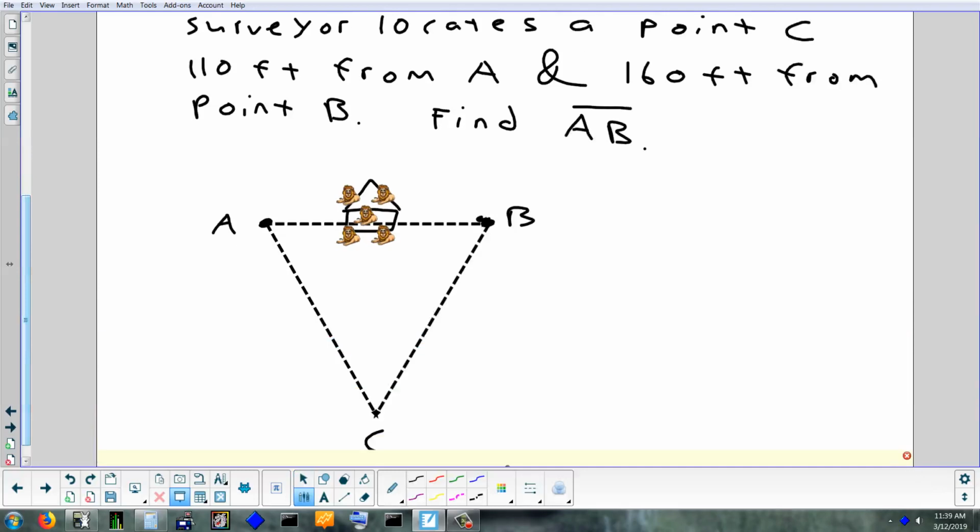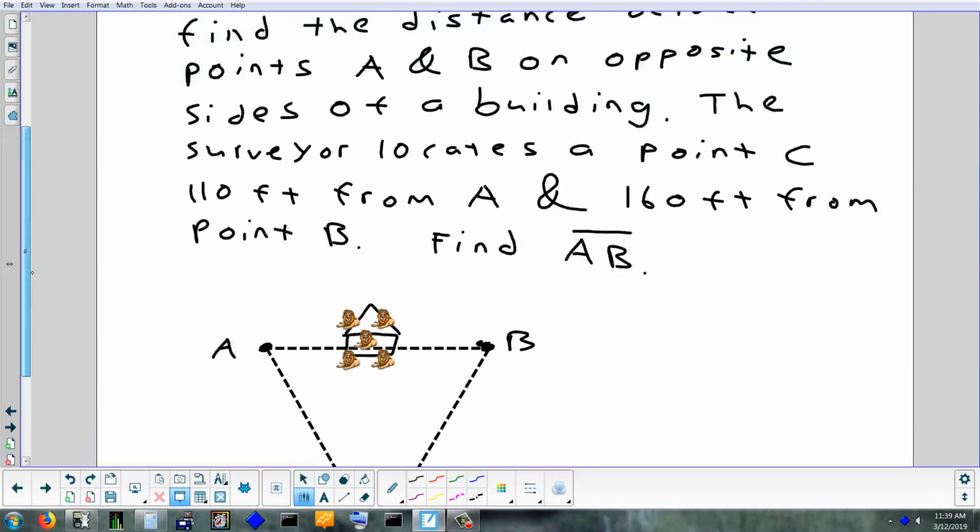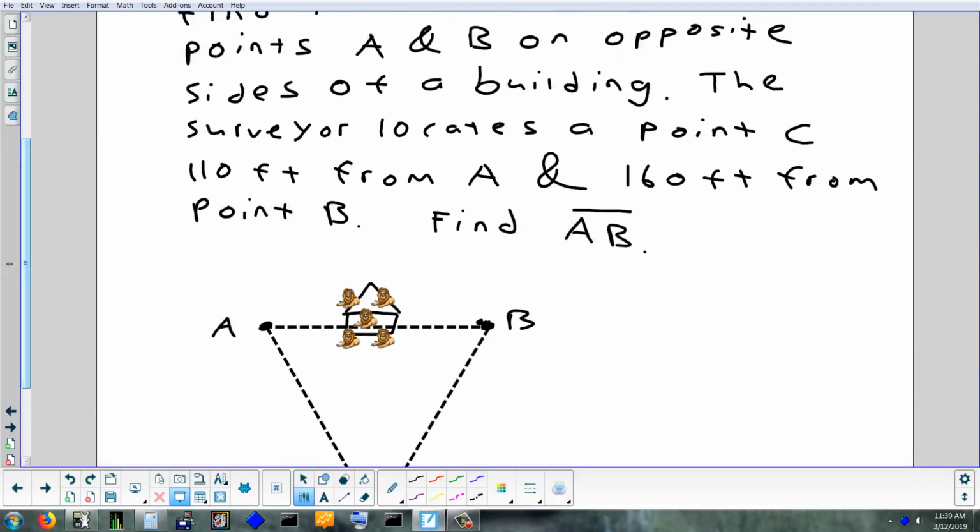Yes. All right, and the surveyor is standing at point C, okay, and they tell us a little bit of information. So they say that the surveyor is 110 feet from point A and 160 feet from point B. That's 2 sides in your triangle.